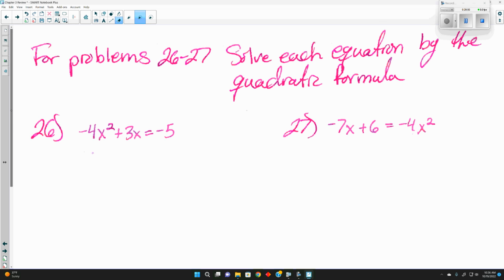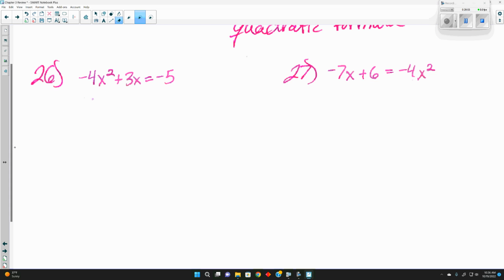So this one here wants us to solve by the quadratic formula. Do we want to look at 26 or 27? 27. In either one of these cases, if we can keep a positive, it makes things work nicer.